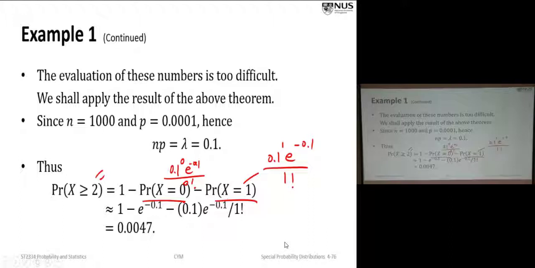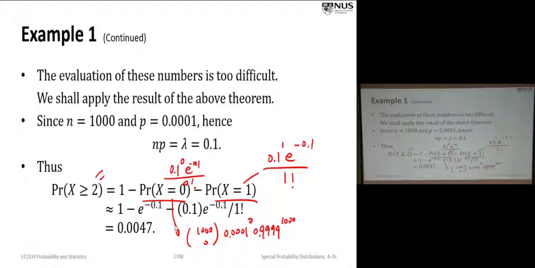For this question, even if we don't apply the approximation, what is x equals 0? It is 1,000 choose 0, and what is p? 0.0001 to the power 0 times 0.9999 to the power 1,000, right?